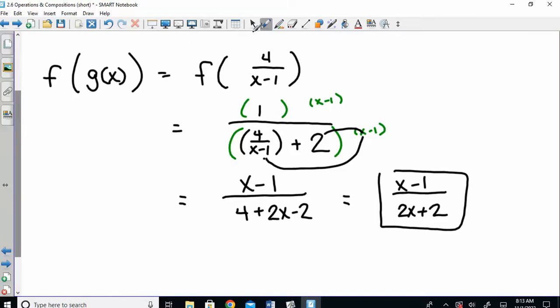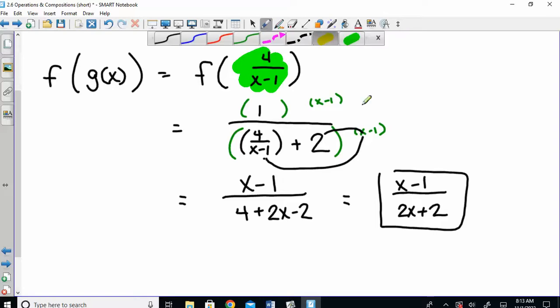Now I want the domain. We have to look 2 places. The original inside and the final answer. So we have to find the domains of each of these things and then combine them. With the original, 4 over x minus 1.